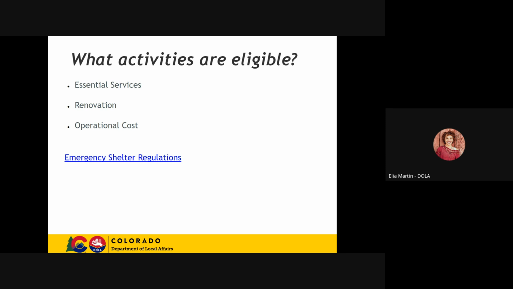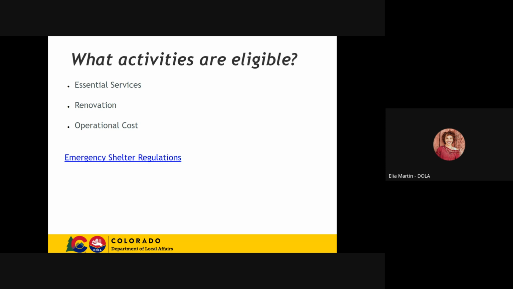For renovation and rehabilitation or conversion of buildings, those funds can be used to help with renovations and the rehabilitation of the emergency shelter. And then operation of emergency shelters. Those costs include any utilities, water, internet services, trash, any staff salary, or any other services that are needed to help with the actual operation of the shelter.